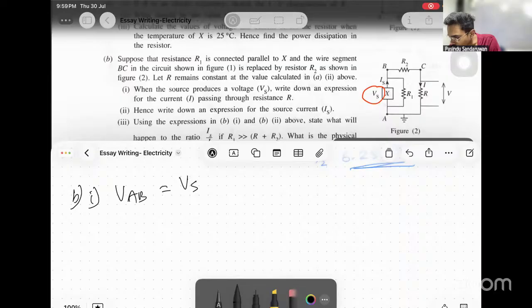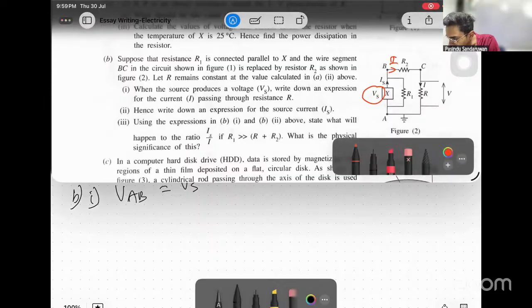And for the total resistance, this same I flows through here. Can you see that these two resistors, R2 and R, are in a series combination?